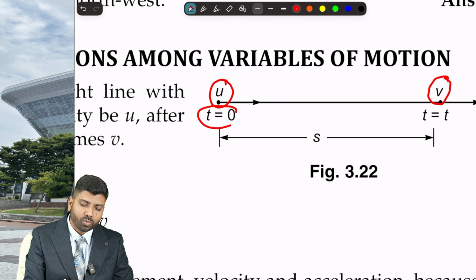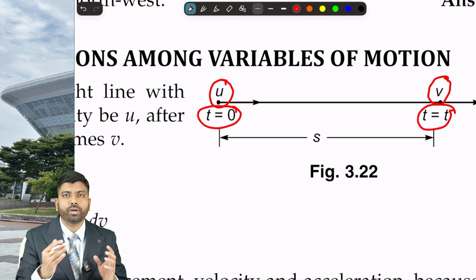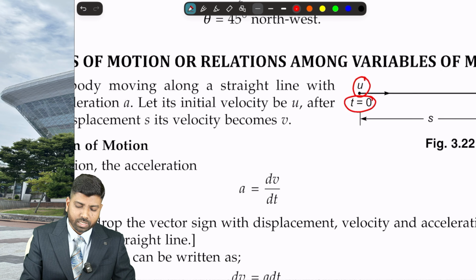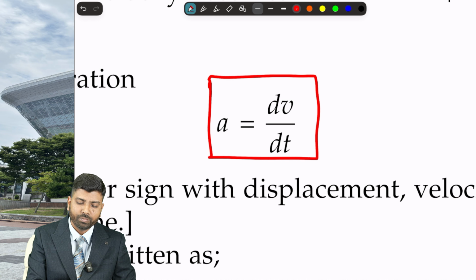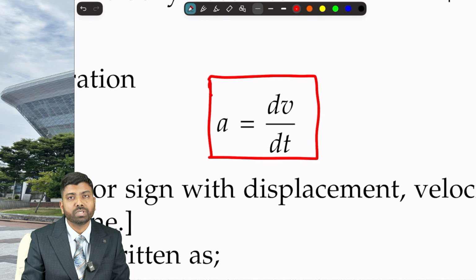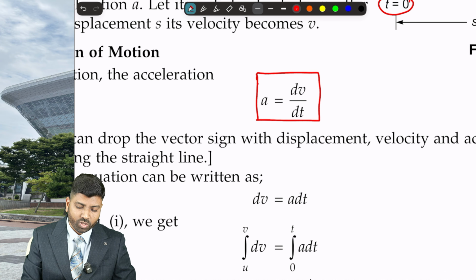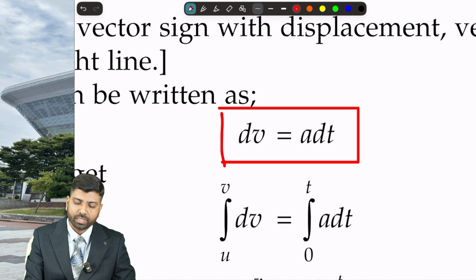The initial time was 0 and the final time, for our calculation, we are taking as t. The acceleration is dv upon dt, so it is instantaneous. dv means instantaneous change of velocity with time, since it is uniformly accelerated. So in the next step we can write dv equal to a dt.